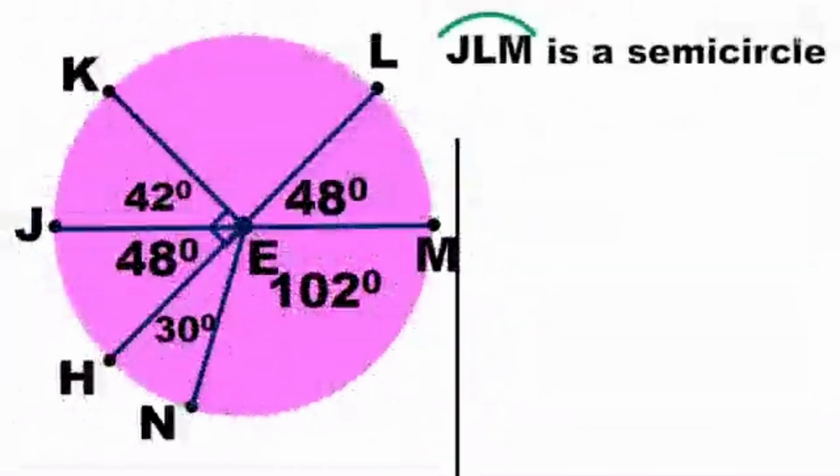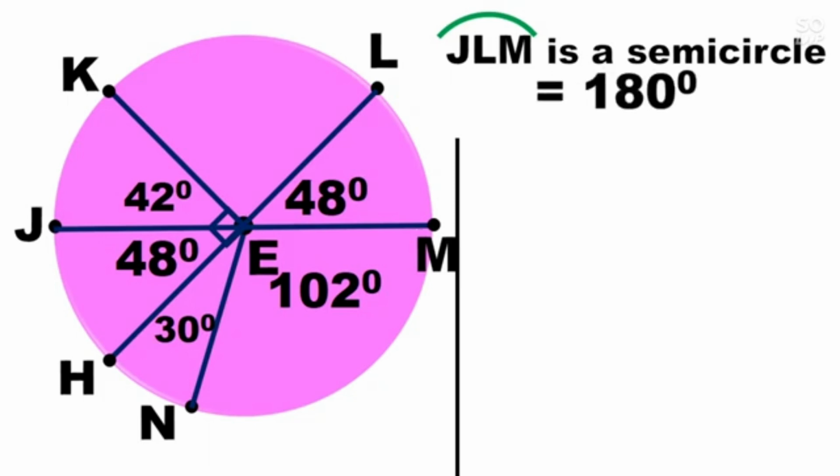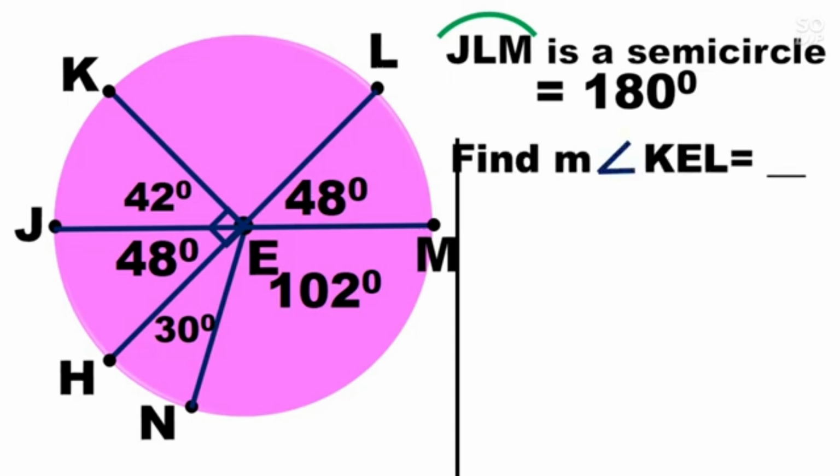Okay, next. Arc JLM is a semicircle, which is 180 degrees. And then, find the measure of angle KEL. Okay, kung JLM ay semicircle, meron na lang natitirang part ng semicircle which is hindi natin alam kung ano yung angle.